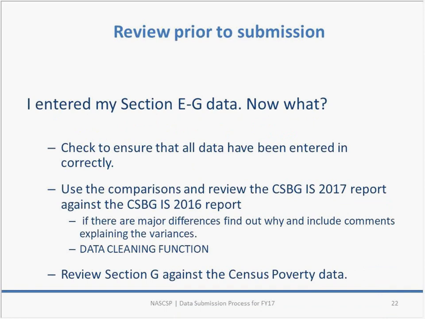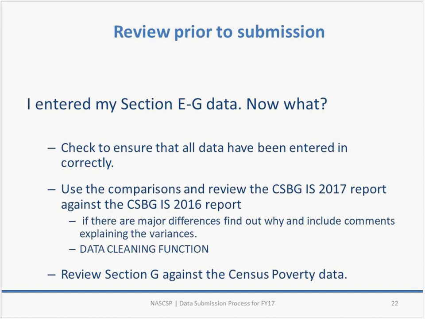So here's your data for sections E through G. Now what? Now I'm going to ask that you check to ensure that all data has been entered correctly. These are the comparison charts that I mentioned earlier that come in handy, where you can review the CSBG IS 17 report data against what you submitted in CSBG IS 16.